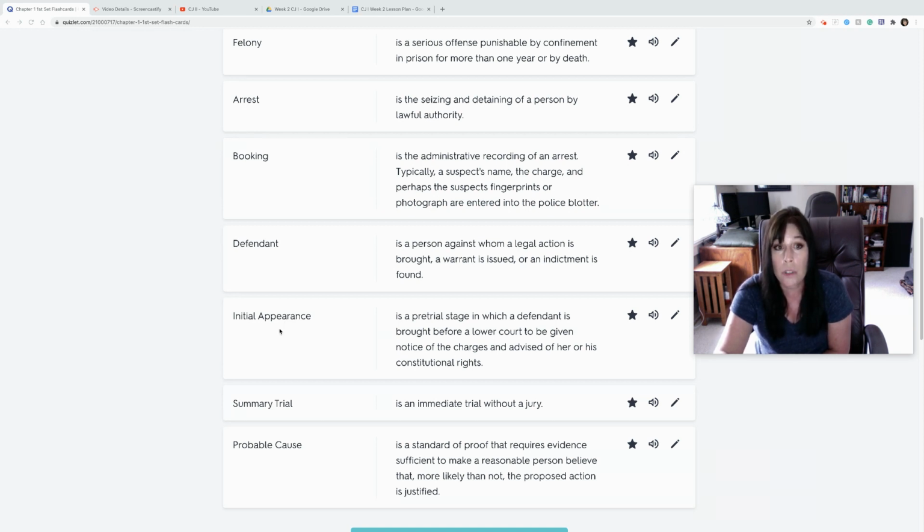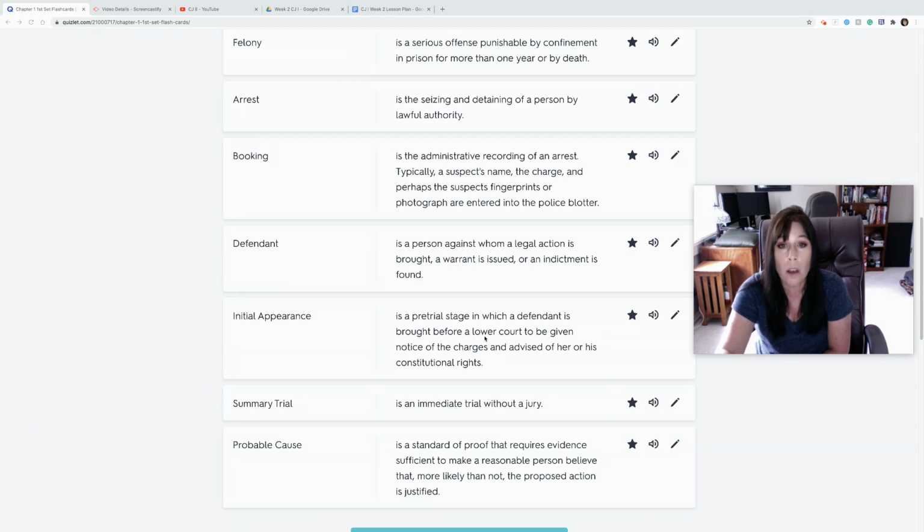And it's usually within a few hours of your arrest, where you're brought in front of the judge and the judge clearly explains to you what the charges are that have been filed against you and tells you what your rights are, your constitutional rights. And this is where you would say guilty or not guilty, and almost everybody always says not guilty. So this is not trial. You're not going to trial. It's not a jury trial.